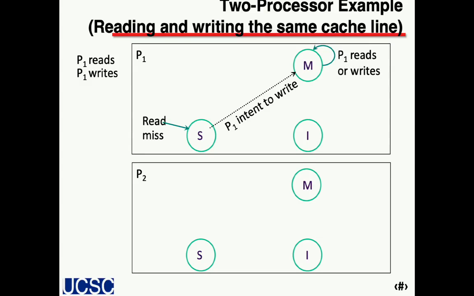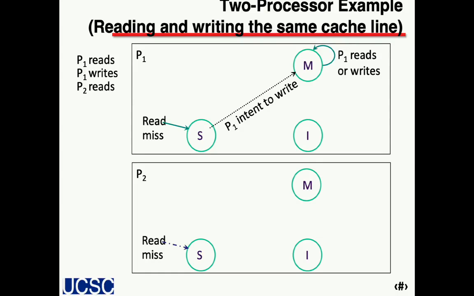Great. Now if P2 wants to do a read, what's going to happen? Well, it's going to be initially coming into this shared state, because of course it wants the data. However, P1 cannot stay in the M state, right?